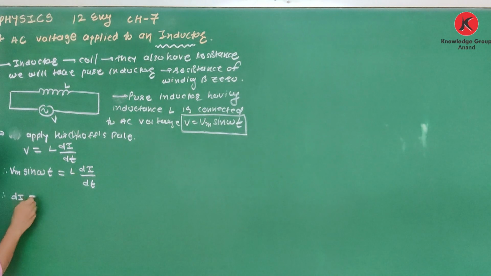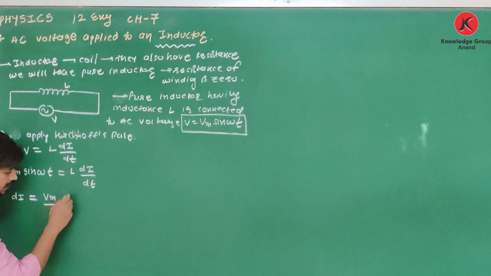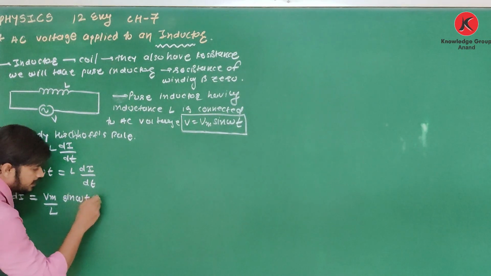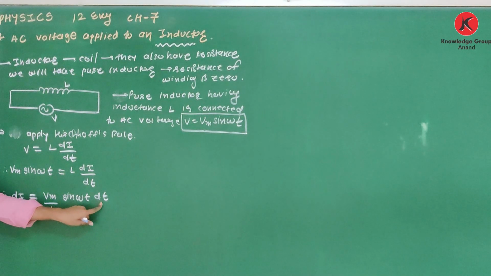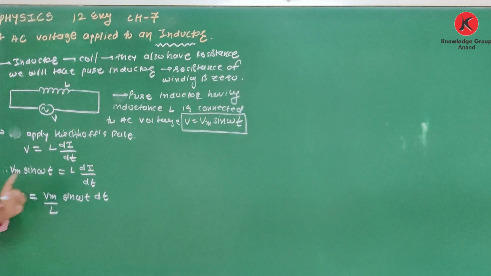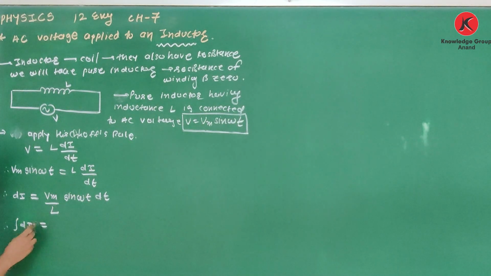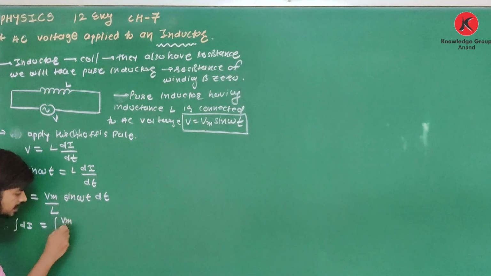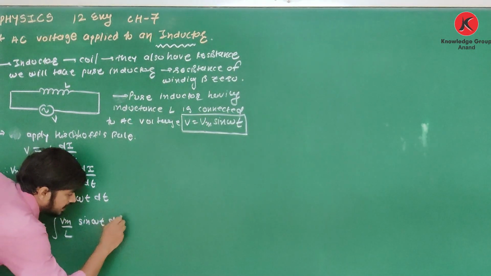Therefore dI is equal to Vm upon L sin omega t dt. This dI means a small current found in a small time interval dt. To find the total current we have to integrate this equation, that is integration of dI is equal to integration of Vm upon L sin omega t dt.